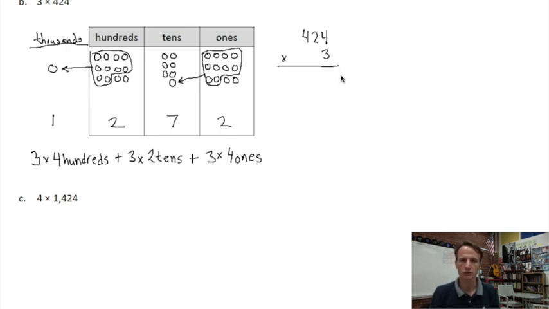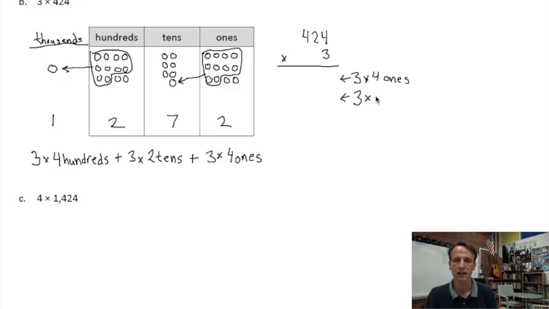So what we're going to do first right here is we're going to do 3 times 4 ones. And we're breaking down every last little step here with these easier examples. So when we get to the more challenging things, like I said, you know what you're doing. So have the patience to do things right, and you'll really learn this stuff.